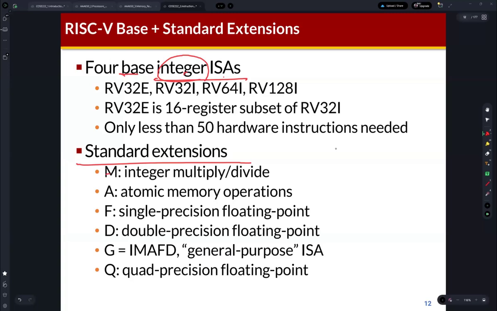If we require atomic memory operations, then we can add A. For floating point, we can add the F extension, and for double precision, we can add the D extension. So if we need, we can add extensions to the baseline ISA.